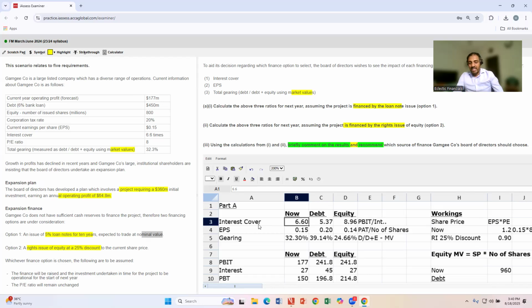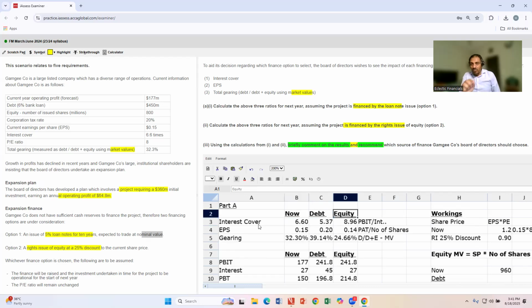Here, if you compare now versus debts, interest cover reduces. That means high financial risk. Gearing increases from 30 to 39. That means high financial risk. So that is about risk. But return from 0.15 to 0.2, return is also increasing. That's one side of the picture, now versus debts.